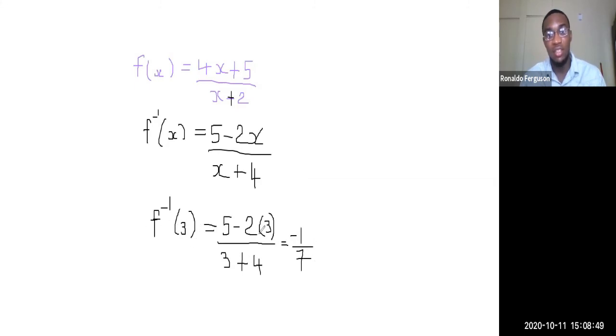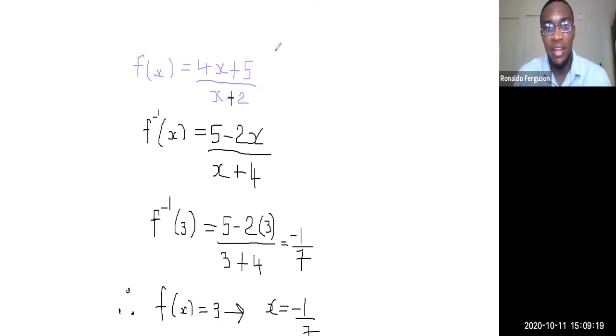And so f inverse of 3 is equal to negative 1 over 7. Therefore, solving f of x equal to 3 implies x is equal to negative 1 over 7.